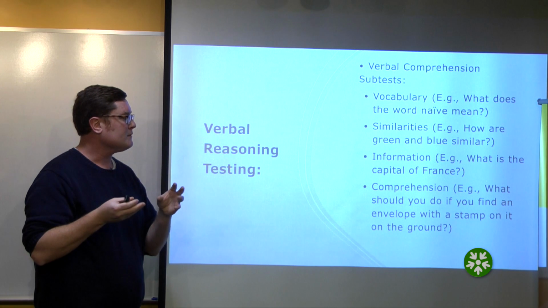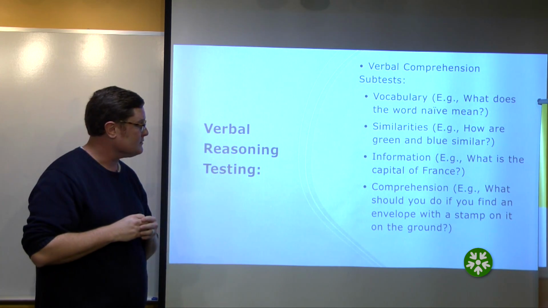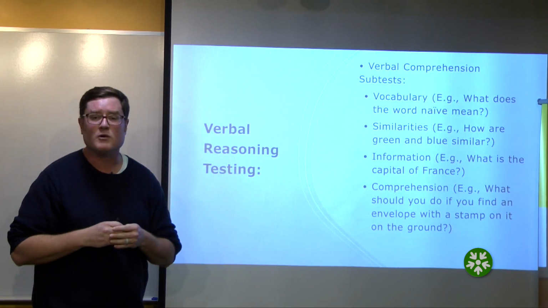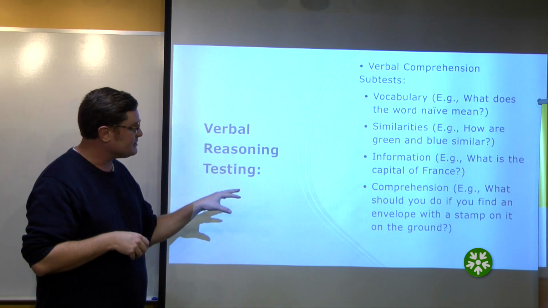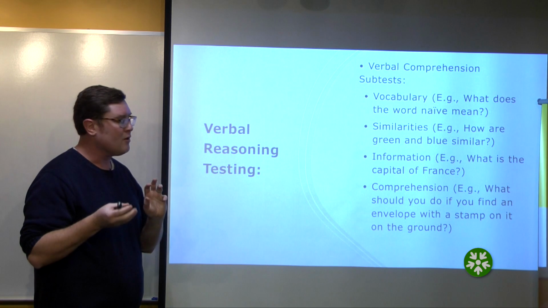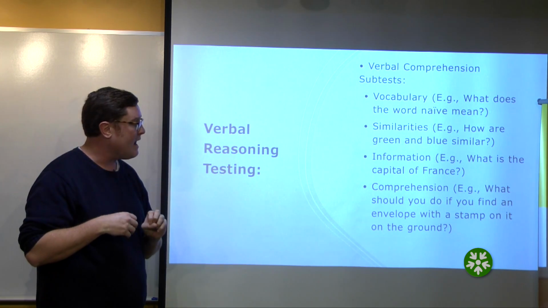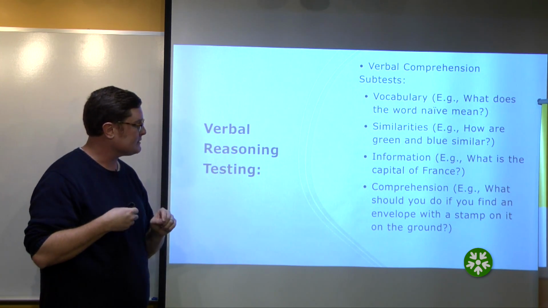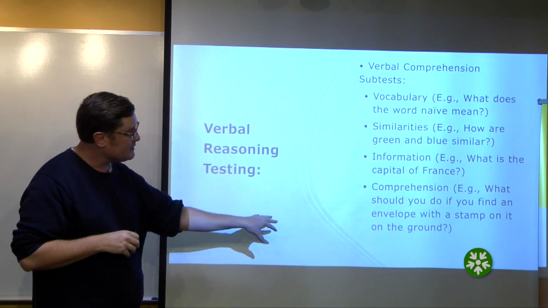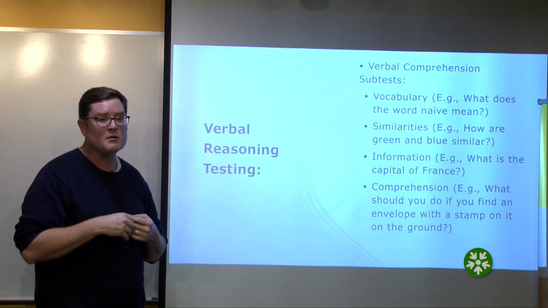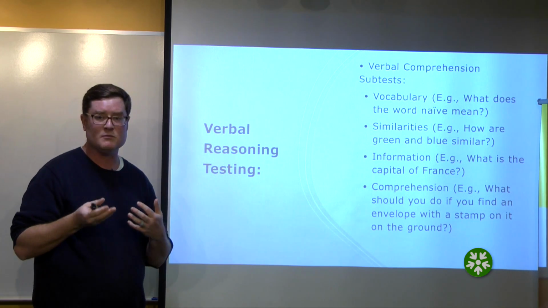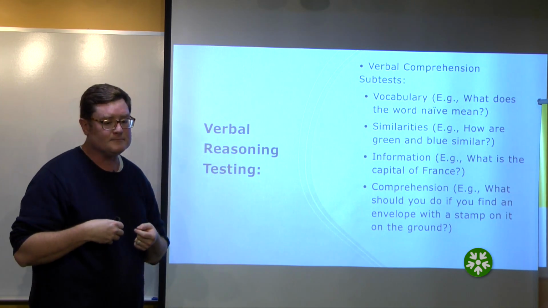These get progressively harder as it goes on, and this looks at abstract reasoning of verbal skills. Information is more rote information about verbal reasoning skills. And then comprehension: what do you do if you find an envelope that has a stamp on it? What would you do with that?